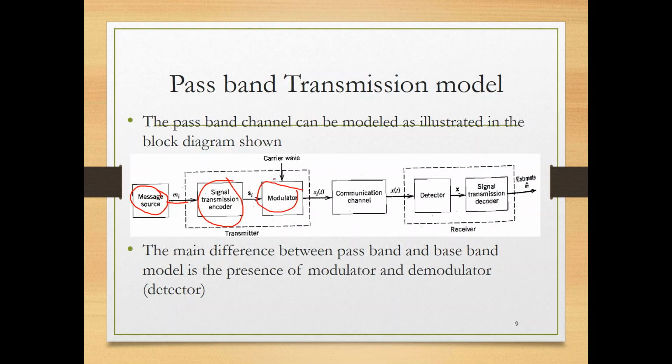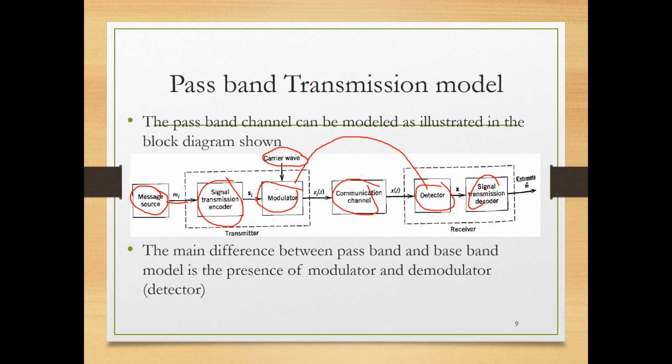In this lecture, we are talking about the modulator. For this modulator, you use a sinusoidal carrier wave, and then you send it over the channel, and then you have the detector. The detector is responsible for distinguishing between the different levels. Yes? And then you have the decoder. We are usually talking about the modulator and detector blocks.